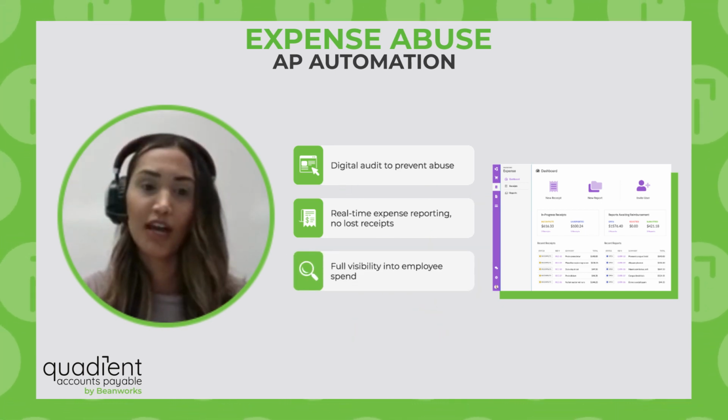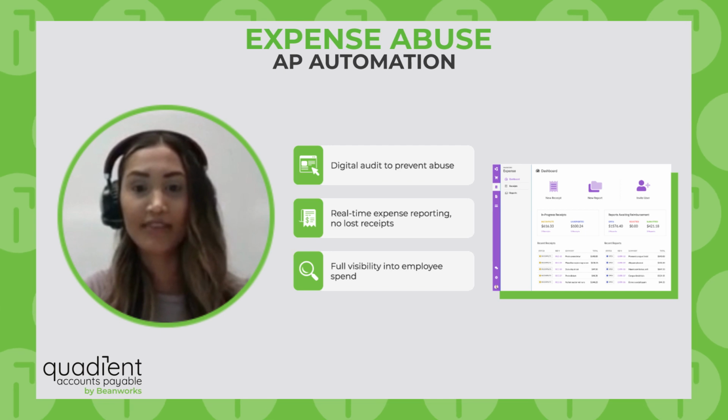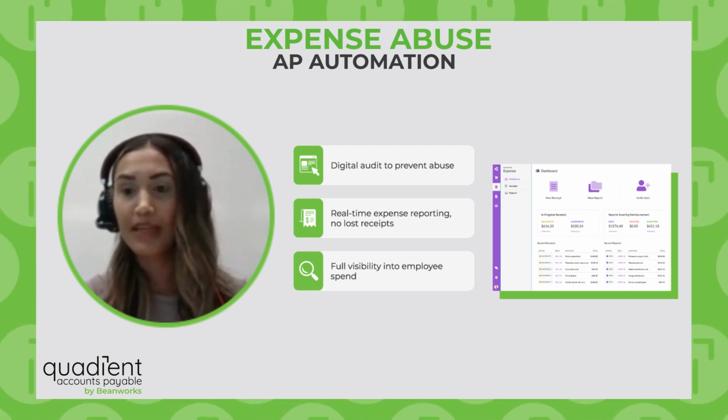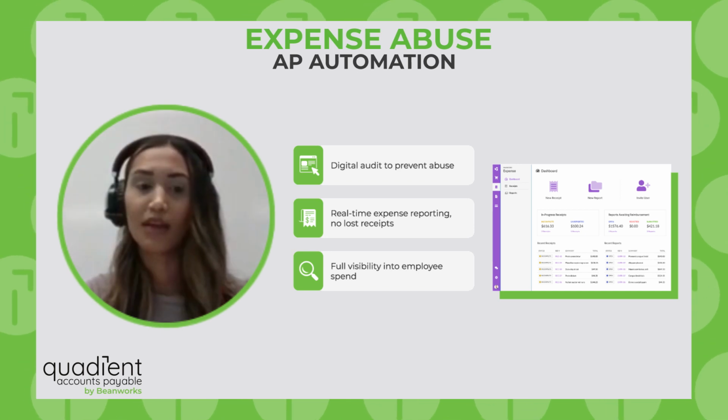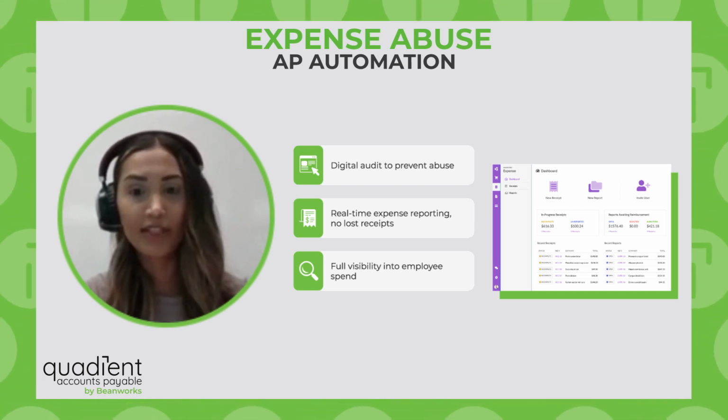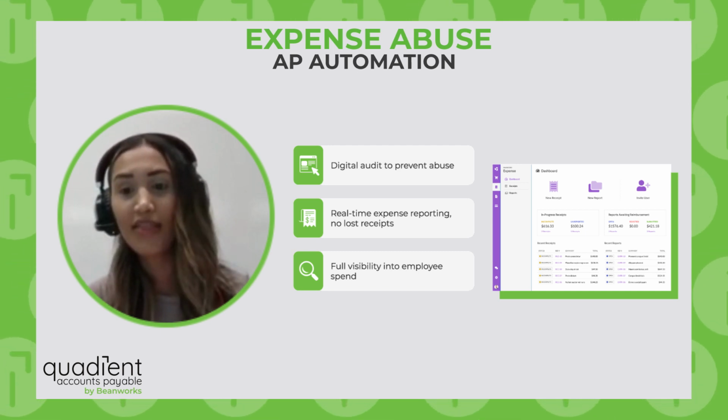AP automation allows employees to upload expenses via a mobile app for near instant review and approval, meaning you'll never lose another receipt. And you can also gain full visibility into employees' spending patterns, helping you spot inconsistencies that could be the sign of expense abuse.